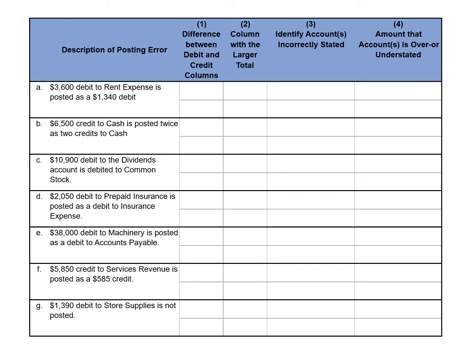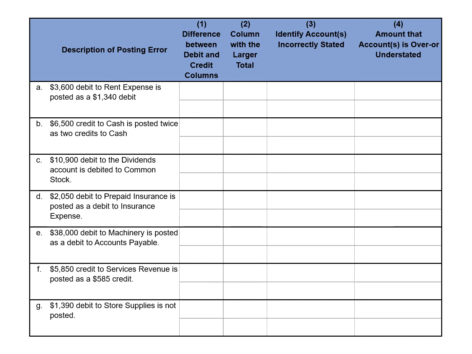Okay, so in letter A, they tell us that our $3,600 debit to rent expense got posted as only a $1,340 debit. So rent expense is increased by debits, but unfortunately our rent expense was debited for $1,340 when it should have been debited for $3,600.